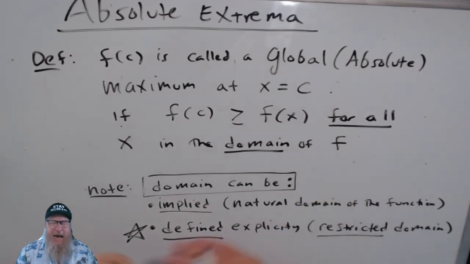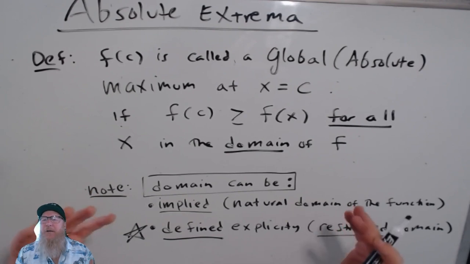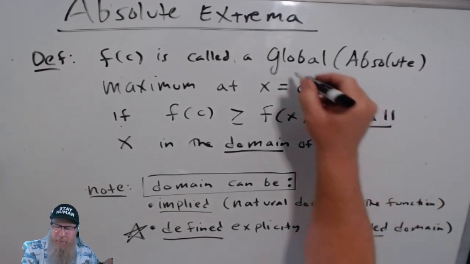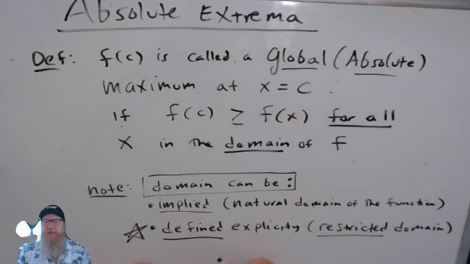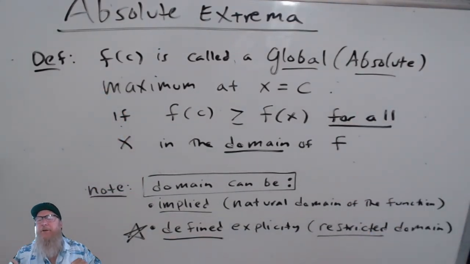All right, so this is an absolute extrema. It means that it is, in fact, the largest value in the world, global, and the world meaning the domain. Now I always recommend writing these down and having them in your notes.